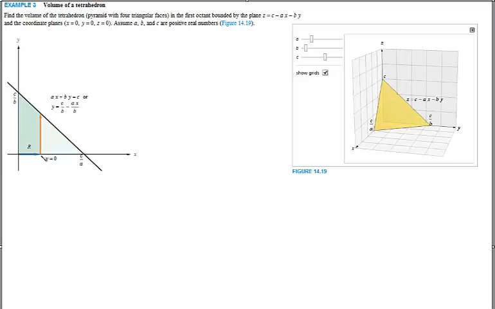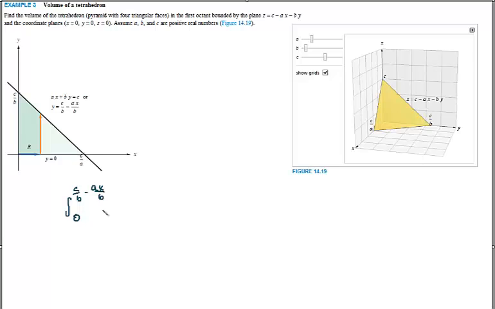If I integrate with respect to y first, that would mean that my integral, the top function would need to be what this line is in terms of x. So that would be c over b minus ax over b, and then the bottom one's pretty nice because that's a 0.